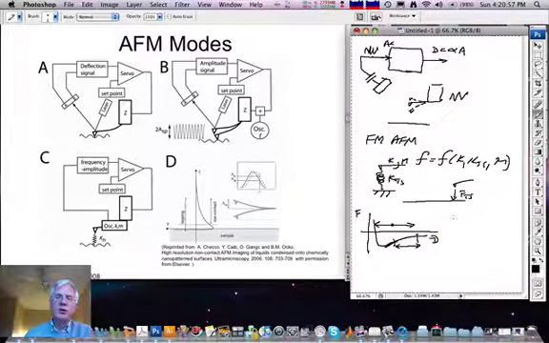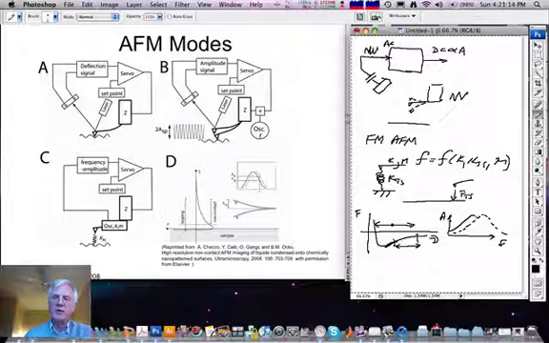This is equivalent to decreasing the stiffness of the spring, and therefore, if one plots the resonance curve of the probe as a function of frequency, a free resonance that might look like this is lowered when the probe comes towards the surface like this. So by operating above the resonant frequency, a drop in amplitude will correspond to proximity to the surface.